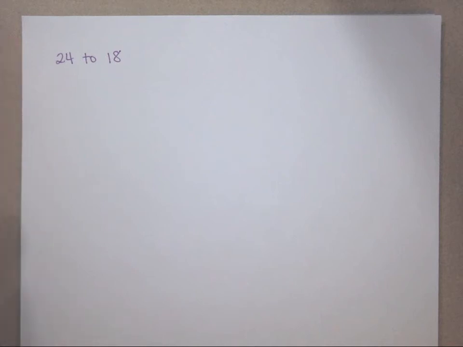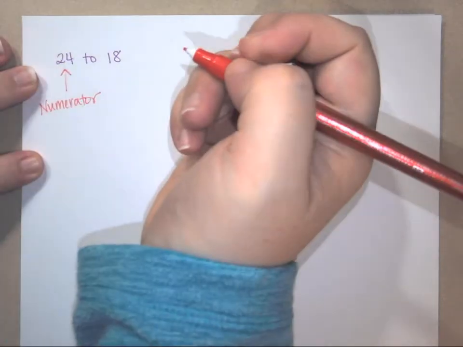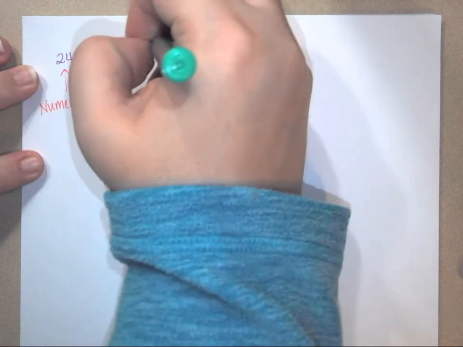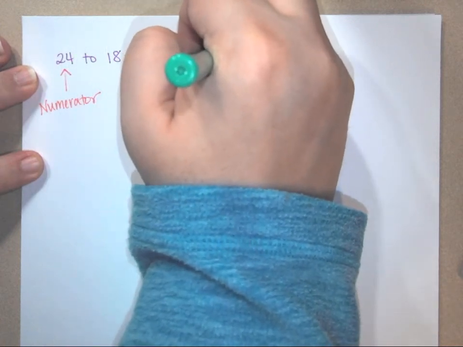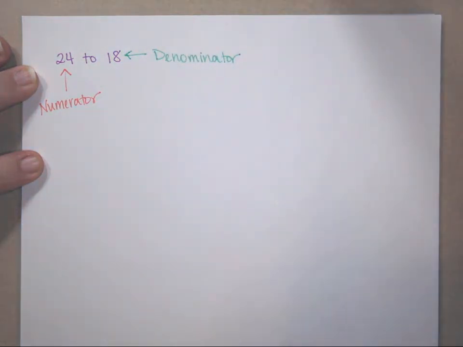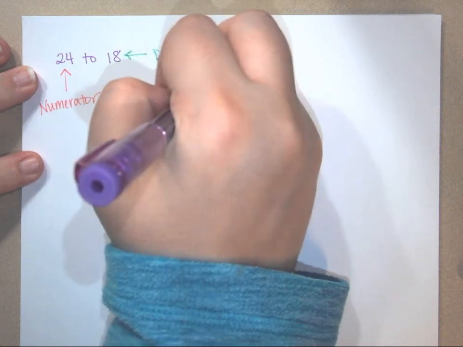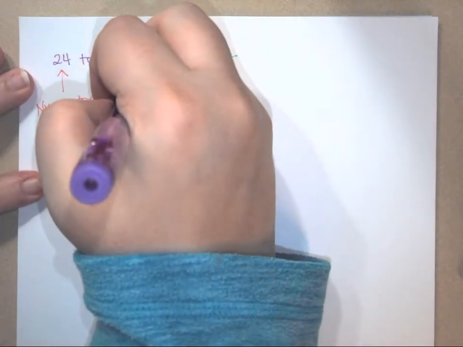What this is telling you is that this first term is your numerator, and this back term here is your denominator. So what we would do is we would have 24 over 18. Now that is your ratio, okay?